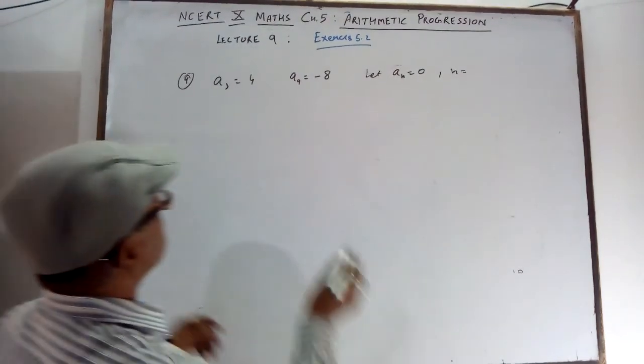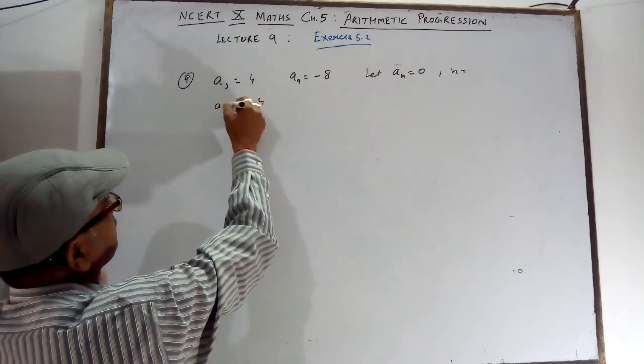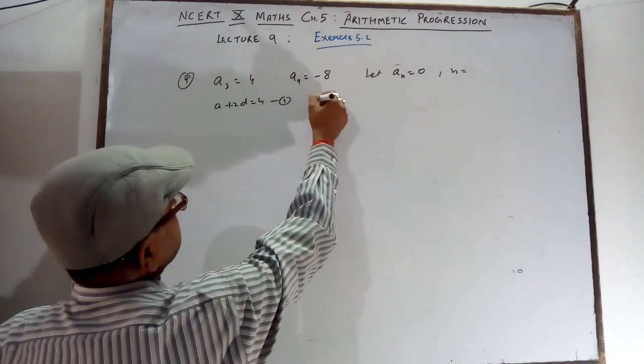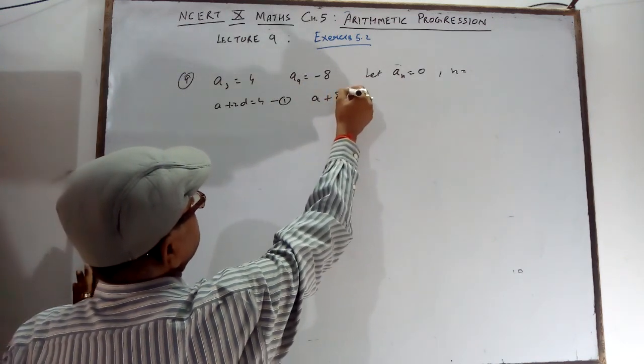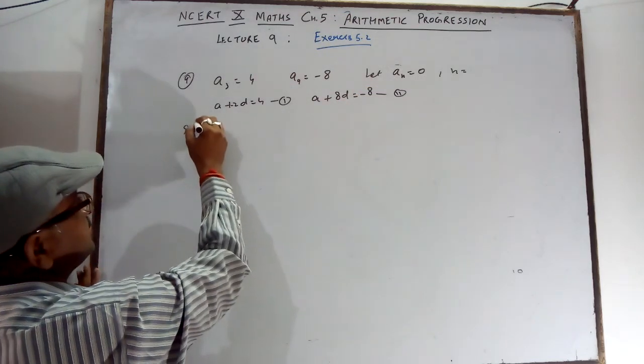A3 means A plus 2D is equal to 4, equation first. A9 means A plus 8D is equal to minus 8, equation second. Solve first and second.